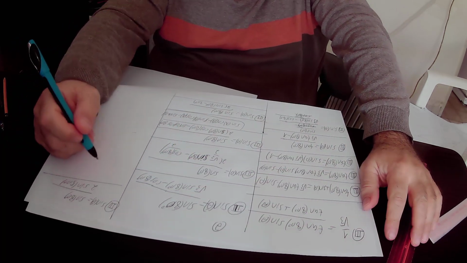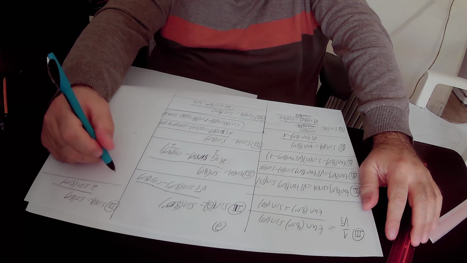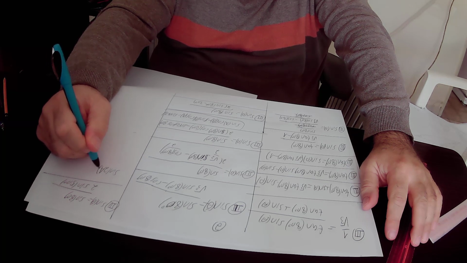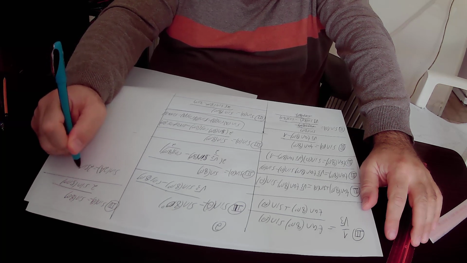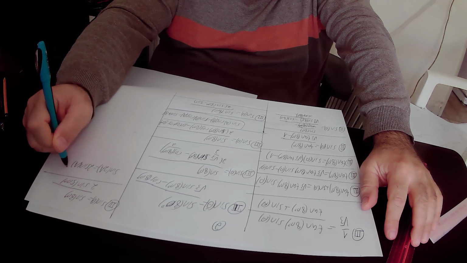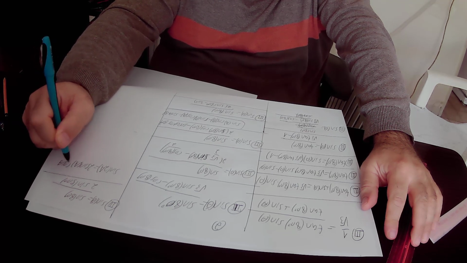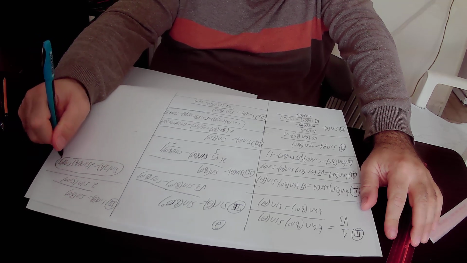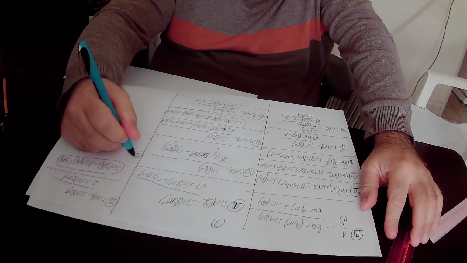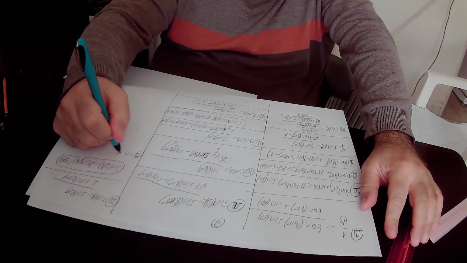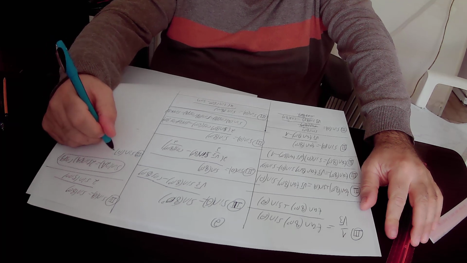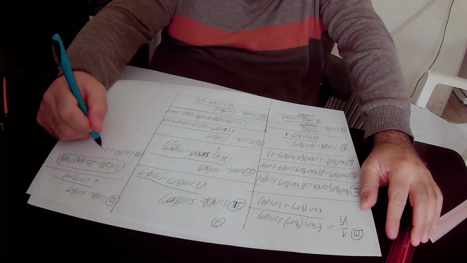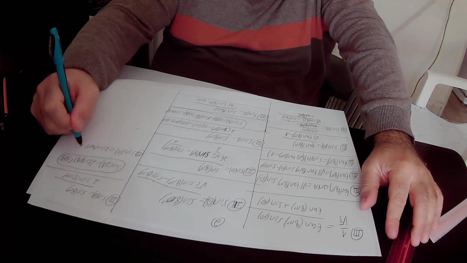Here we will use the trigonometric identity that states that sine 2A equals 2 sine A cosine A according to this trigonometric identity. We will get that the value of sine 80 degrees equals 2 sine 40 degrees cosine 40 degrees.